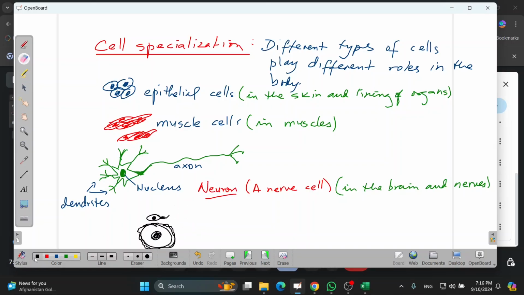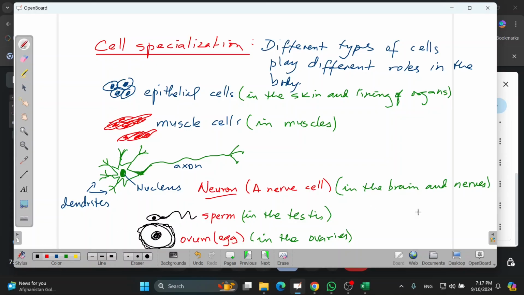So, who are they? This one with a tail is the sperm, and this one is the ovum. People also call it the egg. The sperm is in the testicles, and the ovum is produced in the ovaries. They are needed for reproduction.